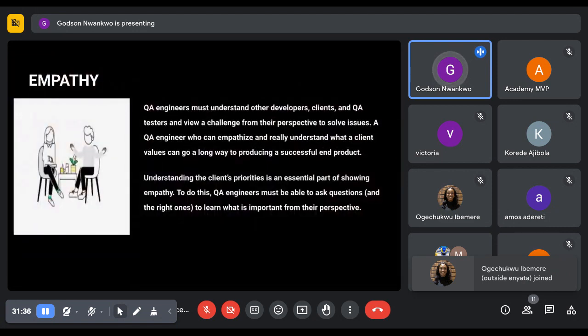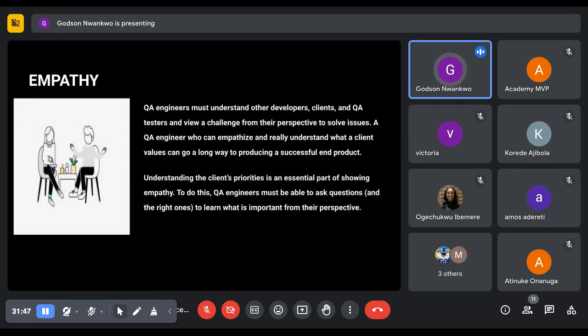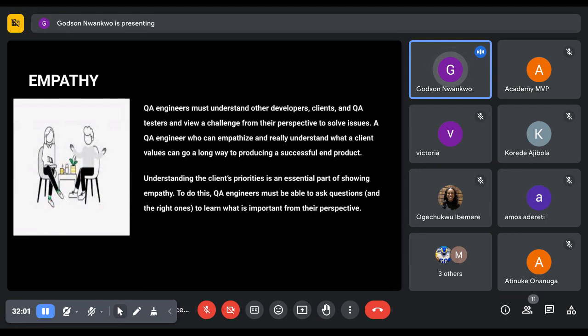So with these few skills to look out for, which I categorized into two, the hard skill and the soft skill, as a QA engineer, it will help you not just in doing your work, but in how you relate with people, even in the workspace and outside the workspace.